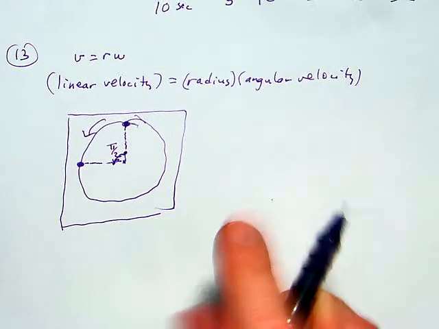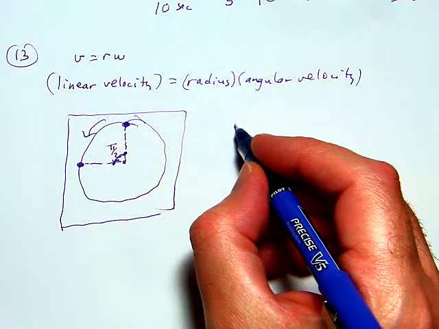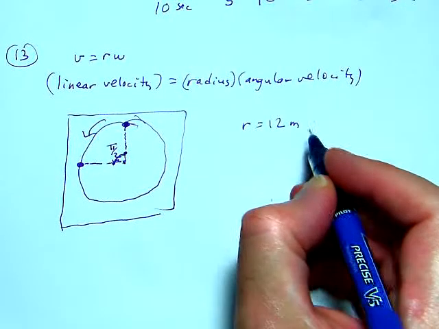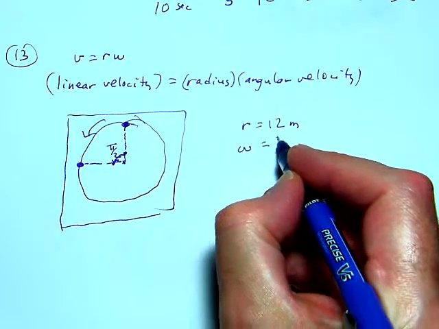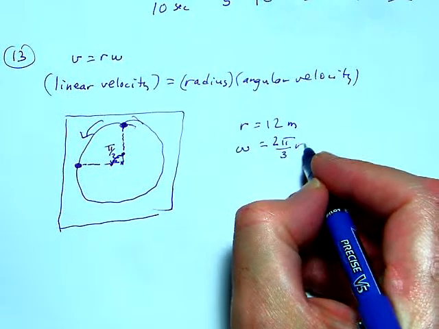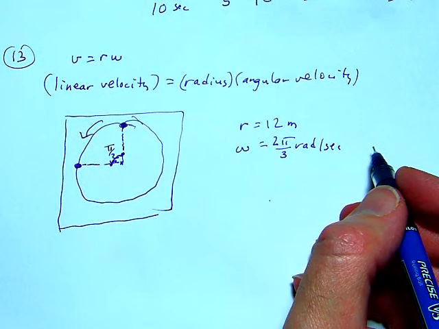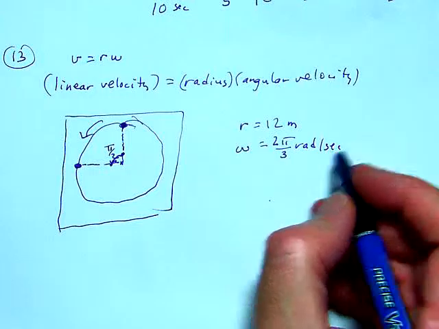Let's take a look at number 13. We're given that the radius is 12 meters and the angular velocity is 2 pi over 3 radians per second. We've got to find the missing variable, which in this case is the linear velocity.